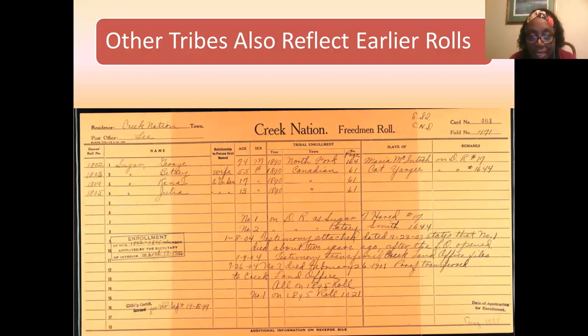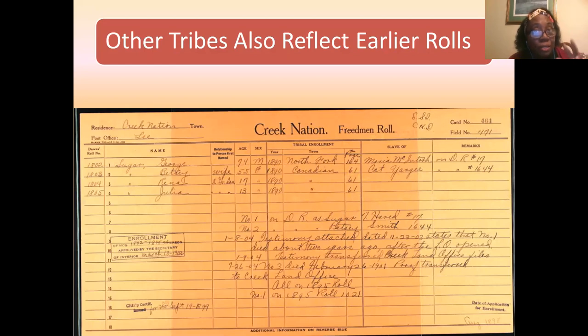And you'll see in his case who his slaveholder was, but you also see he was on an 1890 roll from North Fork Town. You see his wife, Betsy Sugar. She was from Canadian Town. Both of those two towns were freedmen towns.